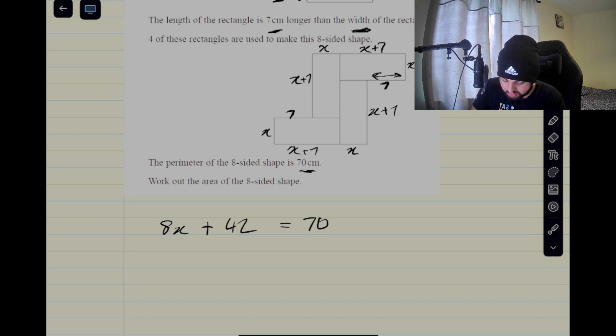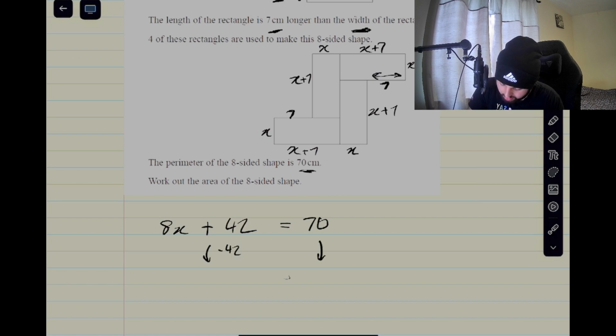So now what we're gonna do is 70 minus 42. If it doesn't, you can easily do this in your head. Because we just figured out this is the perimeter of the shape, we're gonna figure out what x is. So we're gonna make x the subject. We're gonna take away 42 on both sides.